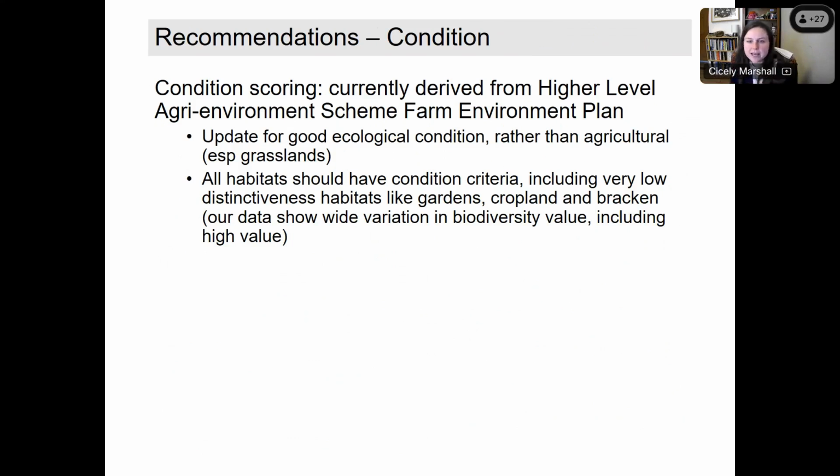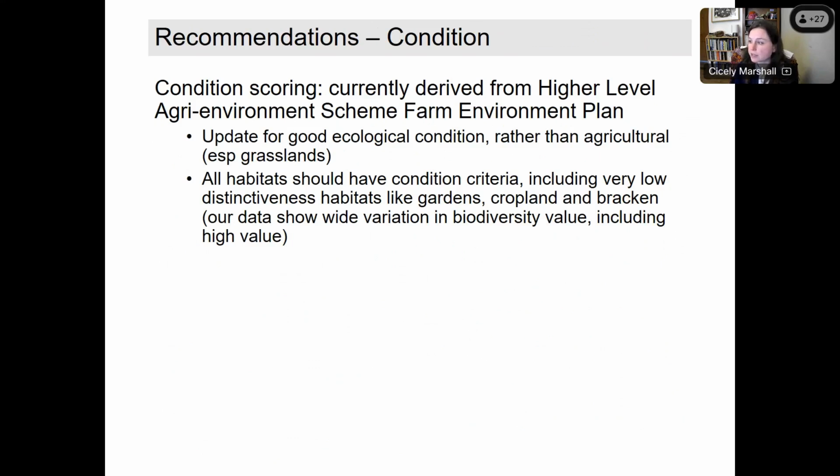Another point is that at the moment, low distinctiveness habitats don't have condition scoring criteria, which has been justified on the basis that condition has a negligible effect overall on the value of low distinctiveness habitats. But our results really don't support that.